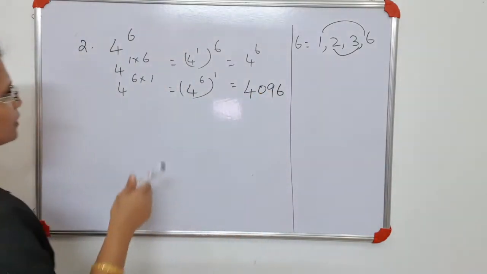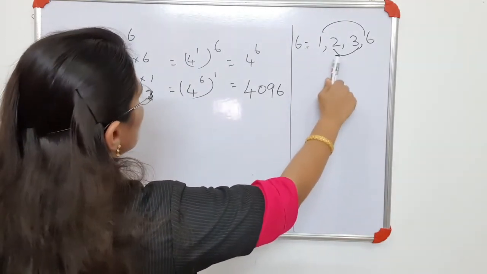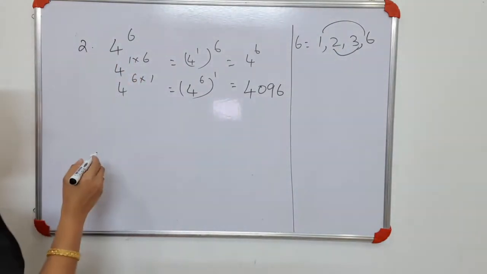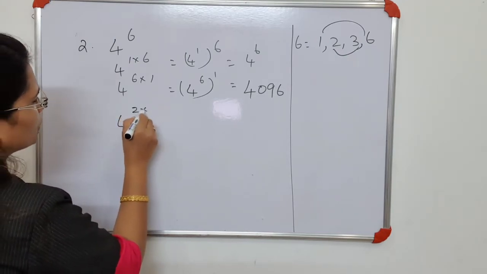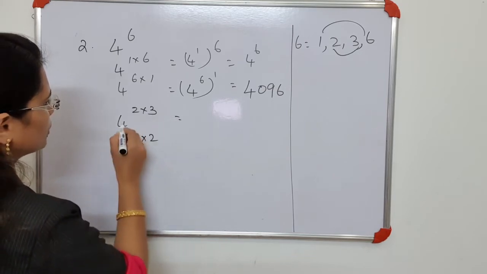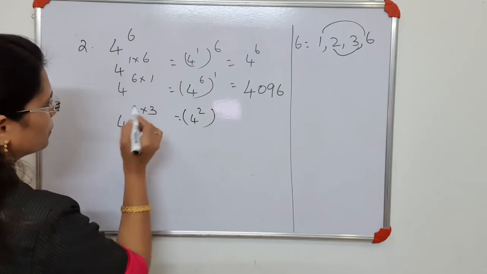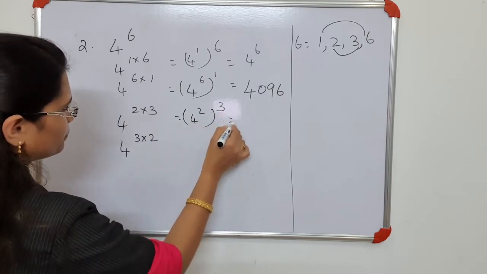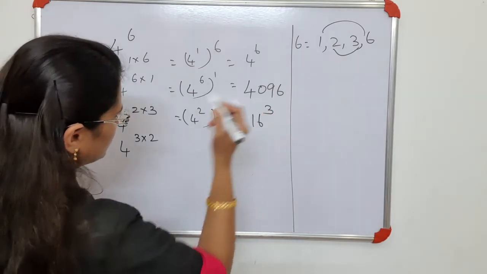4096. Then 4 raised to 2 into 3, and 4 raised to 3 into 2. It is 4 square, write like that. And then how many times? 3 times. So 4 square is 16, cube.